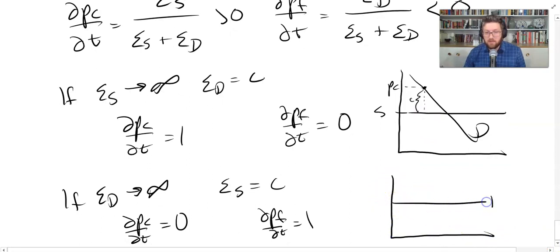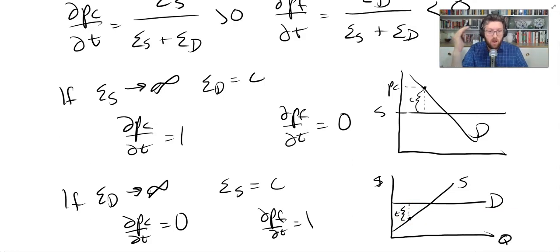So now demand is horizontal, supply is not. So if you impose a tax, it falls entirely on the firms, because if you raise the price even a penny for consumers, demand collapses to 0 and the market shuts down. So all of the cost is borne by firms in that case.